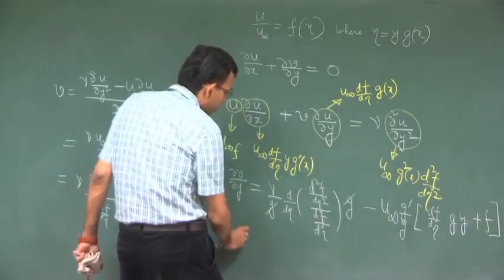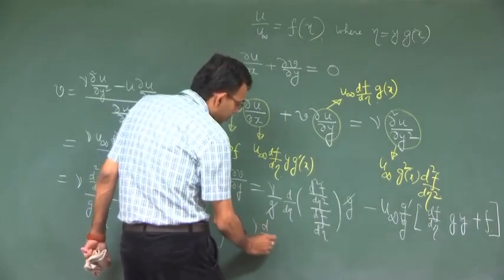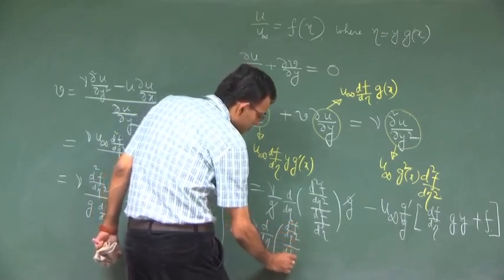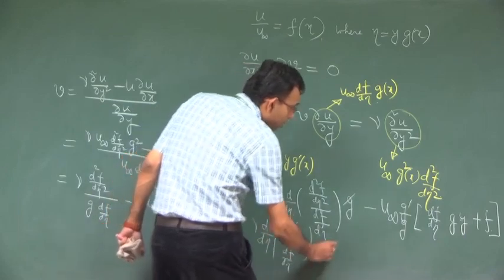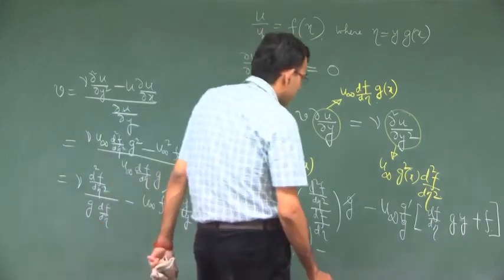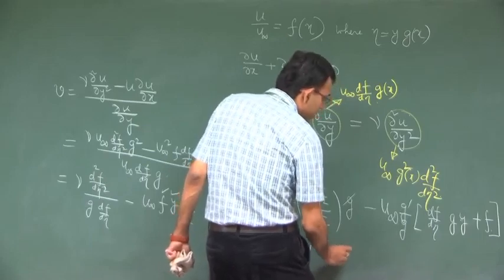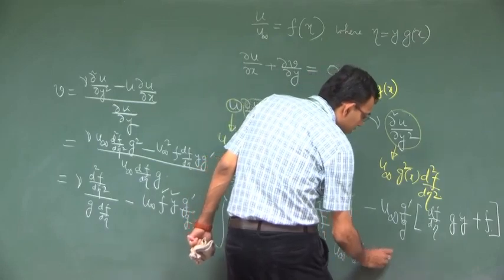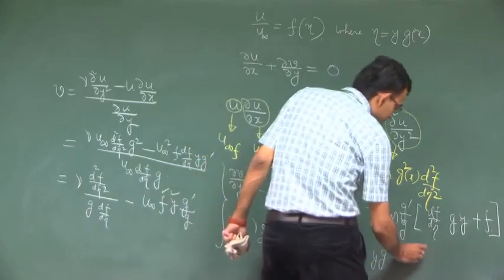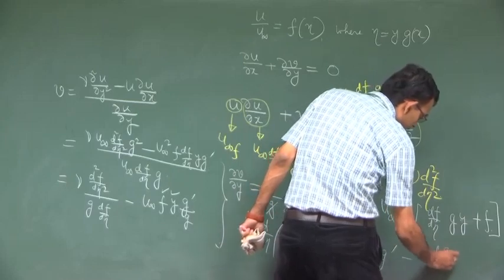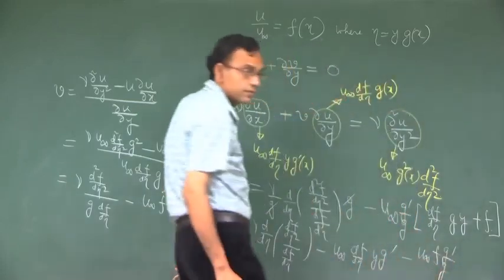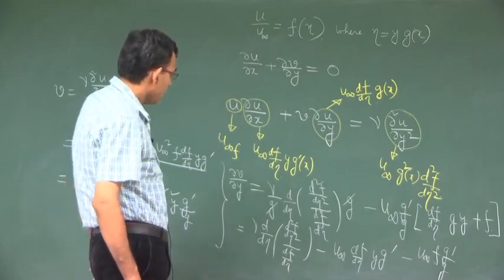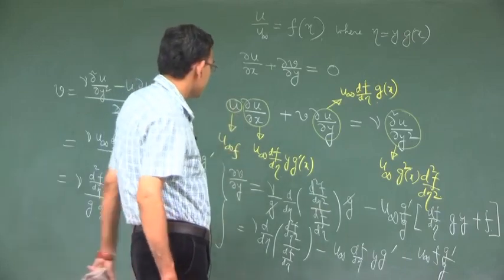So, this becomes nu d d eta of minus u infinity df d eta y g dash minus u infinity f g dash by g, right. Now, this is equal to minus del u del x.